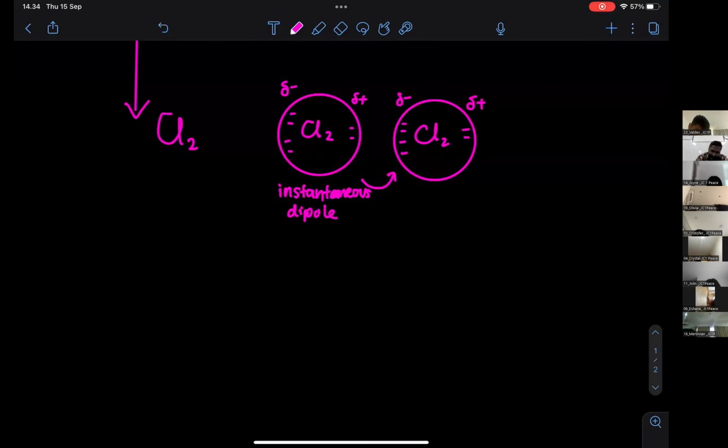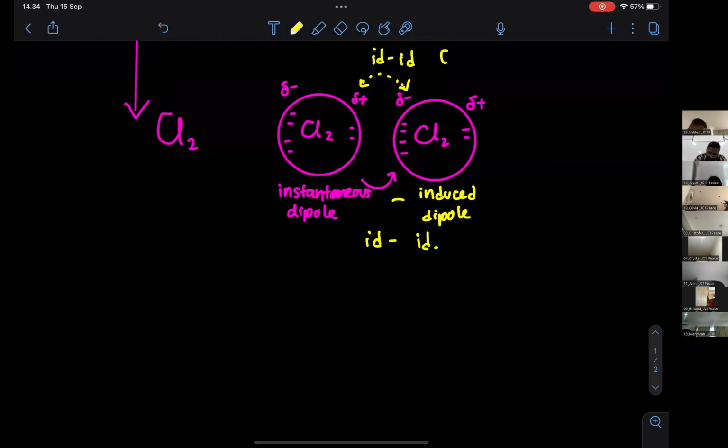So you have delta positive, delta negative, and delta positive. There will be a temporary force of attraction, which we call ID. This is induced dipole, induced by the previous molecule. So that's why we call it instantaneous dipole, induced dipole, ID.